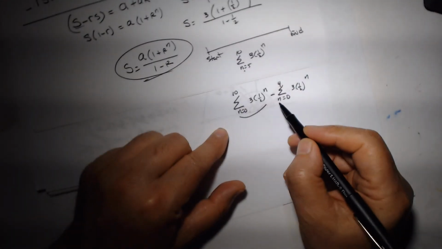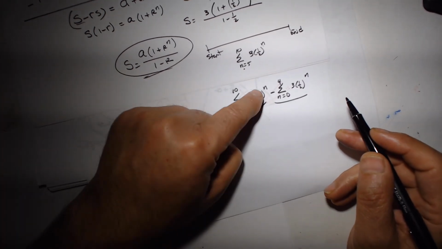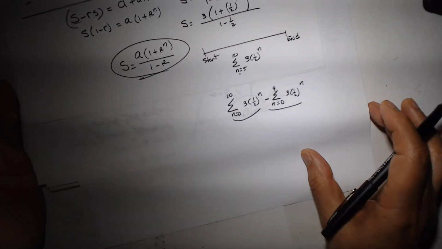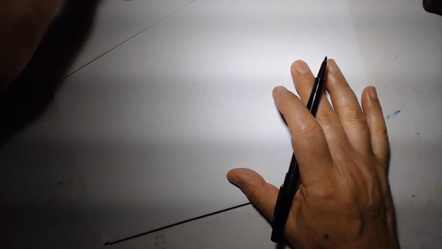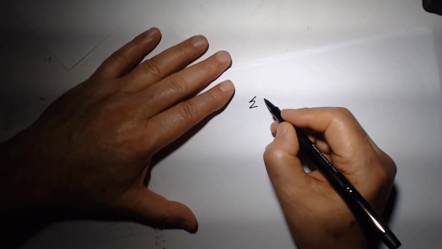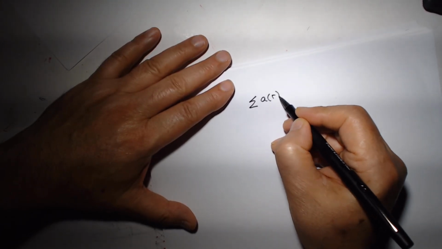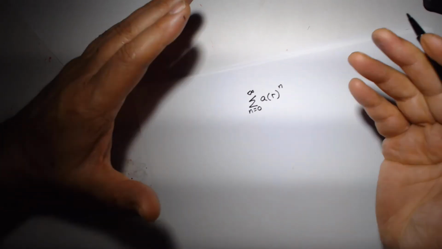Therefore, you have to use that formula twice, from 0 to 10 once, 0 to 4 another one, and subtract them. Okay, but somebody said, what happens if I have the sum of a r to the power of n started from 0 and go to infinity? That's the infinite series.